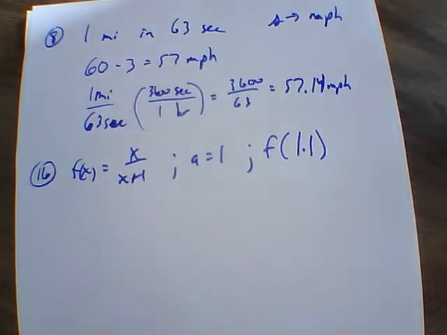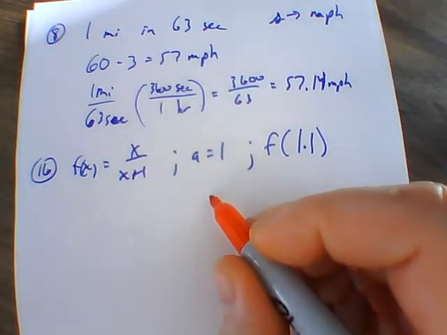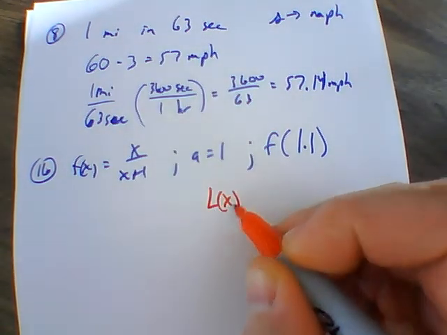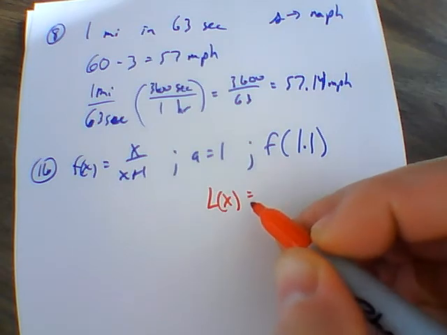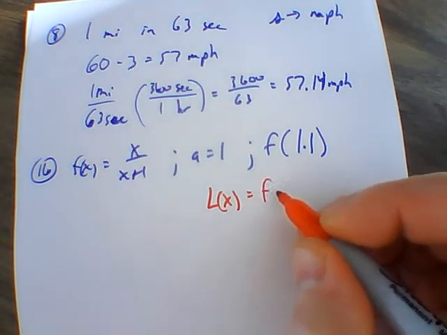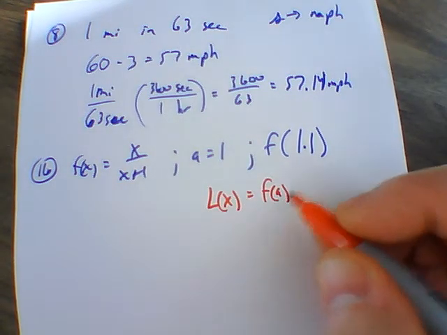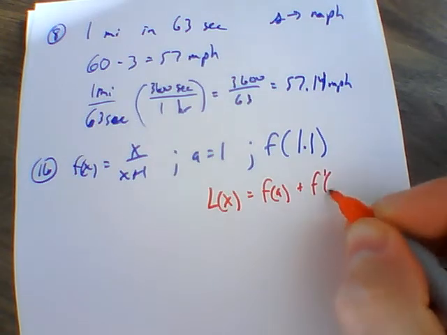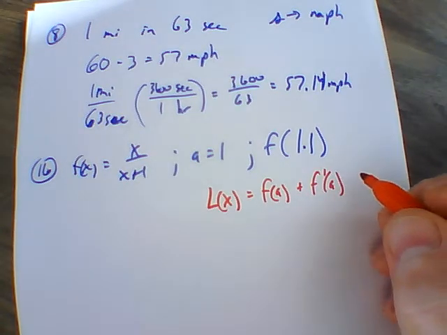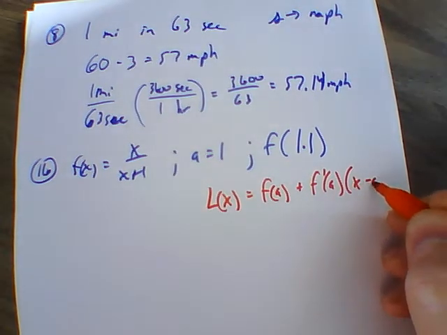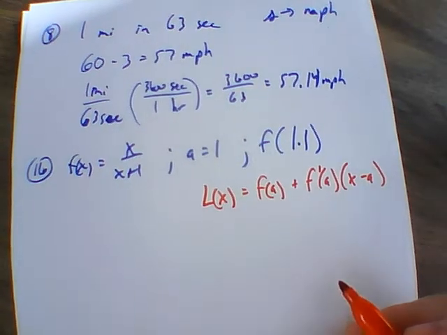So we are trying to figure out this formula right here. Let me put it in red. We're trying to figure out our linear approximation, and this linear approximation is f of a plus f prime of a times x minus a.